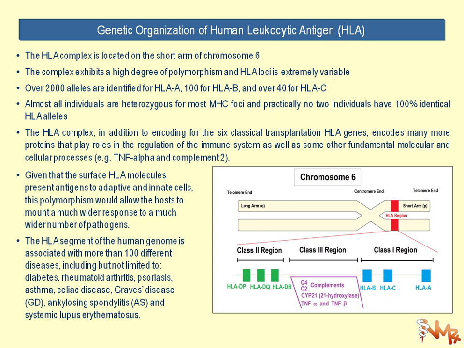And again, the numbers are increasing as time goes on. These diseases include, but are not limited to, diabetes, rheumatoid arthritis, psoriasis, asthma, celiac disease, Graves' disease, ankylosing spondylitis, and systemic lupus erythematosus.